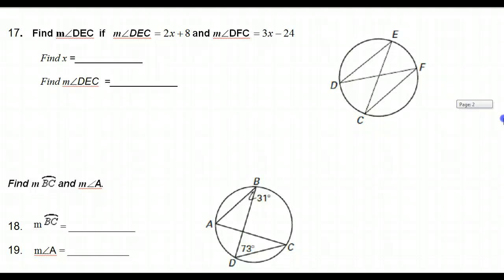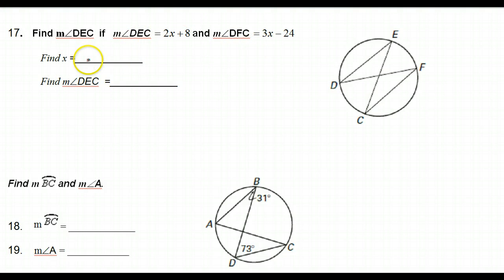Alright, now look at number 17. Notice that we're being asked not only to find the measure of x, but also to find the measure of angle DEC. So we're going to have to wind up finding x, but then plugging it back into the expression to find angle DEC.